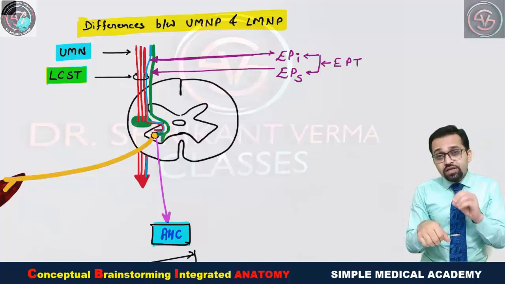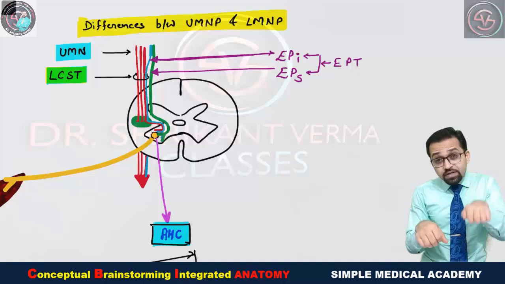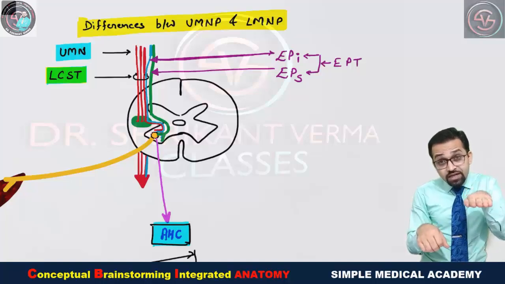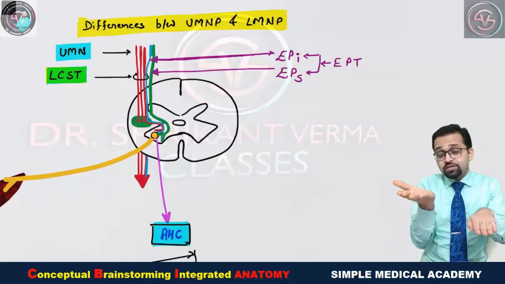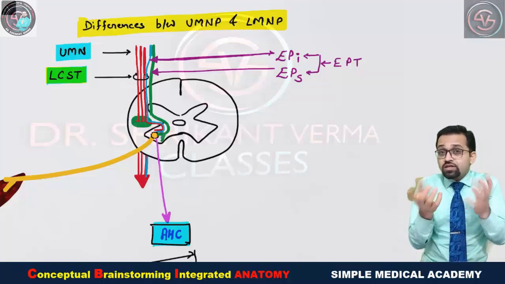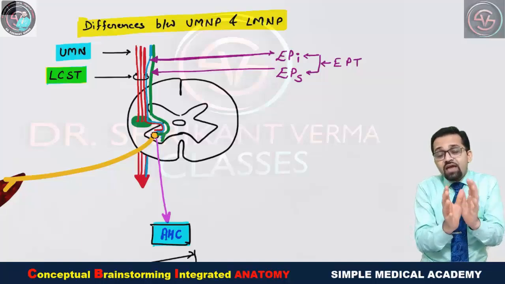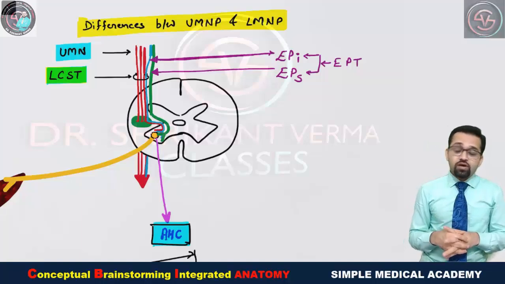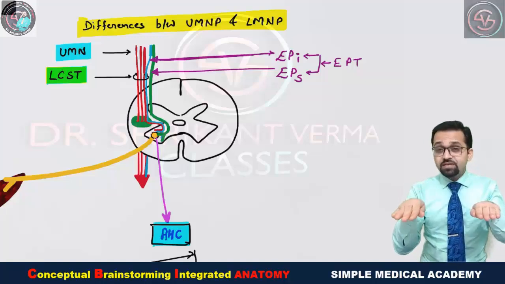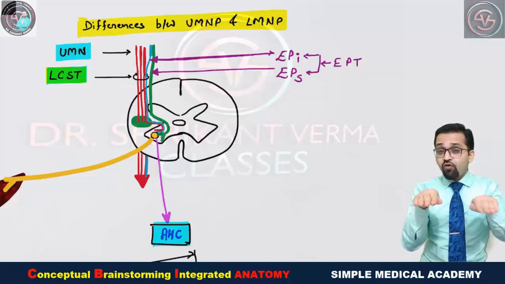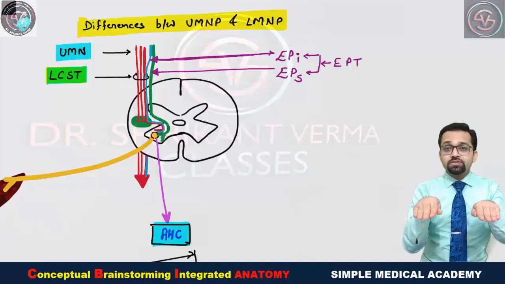If due to any cause the muscle tone is suppressed, the muscle is in a comparatively less contractile state, then the extrapyramidal tract stimulatory will stimulate and it will increase the tone. That's why every muscle has one proper tone. What I'm telling you is that the extrapyramidal tract stimulatory and extrapyramidal tract inhibitory are both responsible for maintaining the tone of the muscle.